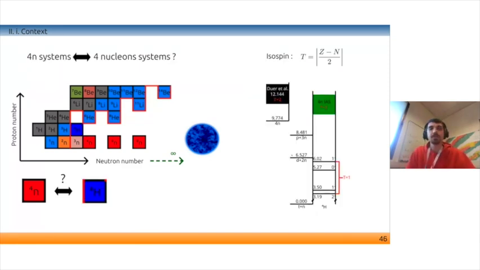And now the open question is, if there is a 4n system, there may be other 4 nucleon systems that can lead to the same resonance. And here, if we say that what Duer et al. saw is indeed a tetra-neutron with an isospin T equal to 2, we should see in hydrogen 4 an isobaric analog state with the same isospin T equal to 2.